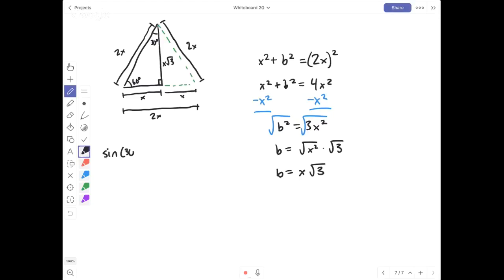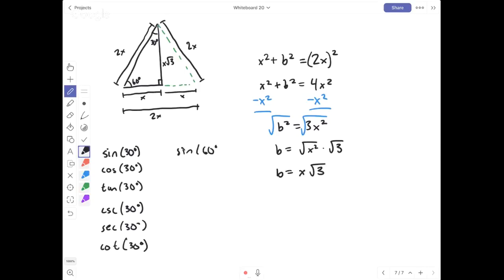So we can find the sine of 30 degrees, the cosine of 30 degrees, the tangent of 30 degrees, the cosecant of 30 degrees, the secant of 30 degrees, and the cotangent of 30 degrees, and the sine of 60 degrees, the cosine of 60 degrees, the tangent of 60 degrees, the cosecant of 60 degrees, the secant of 60 degrees, and the cotangent of 60 degrees.